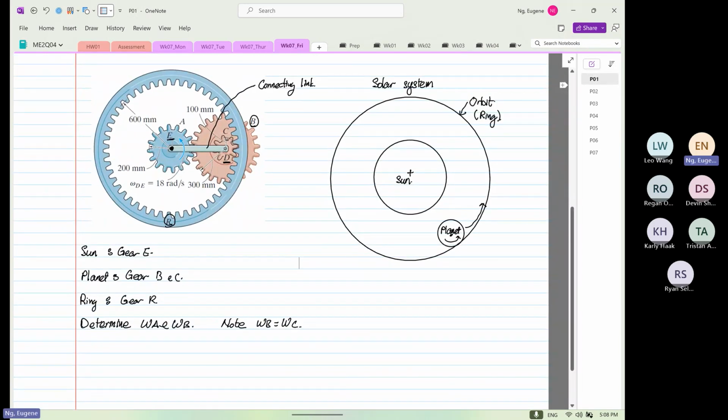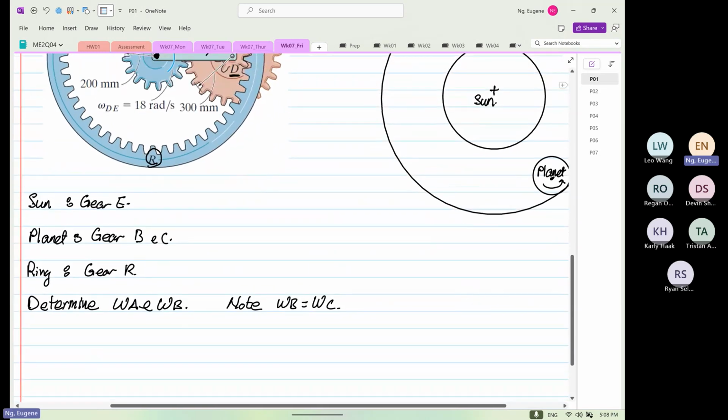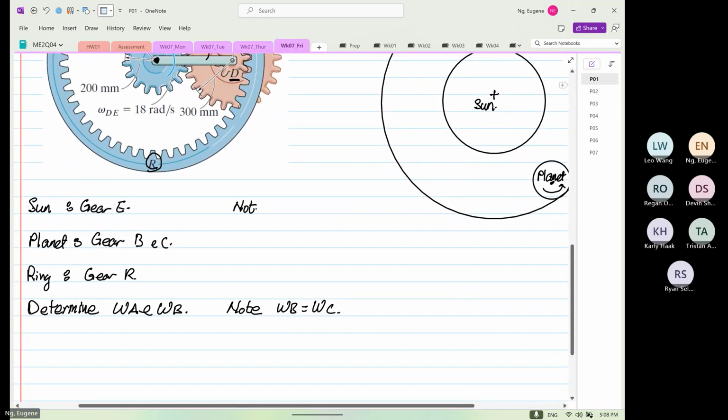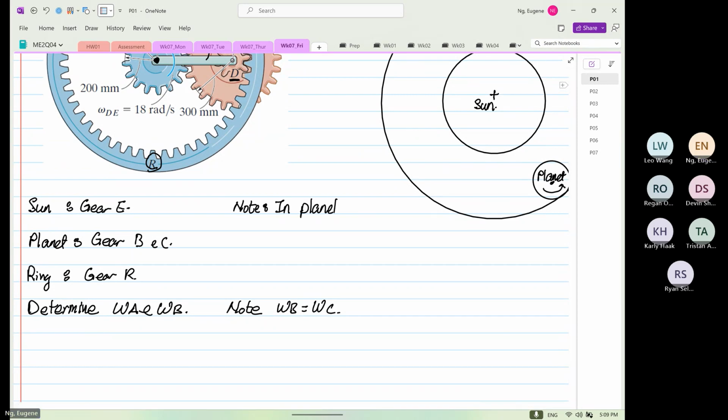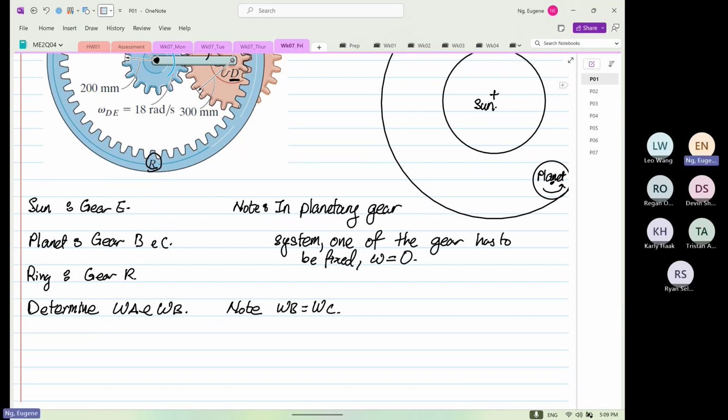So I write down here, note: in a planetary gear system, one of the gears has to be fixed, i.e. omega is equal to what? Only one. You don't need all of them. Only one.